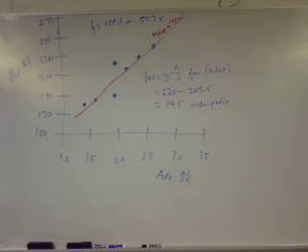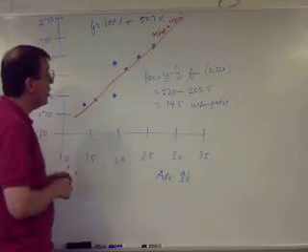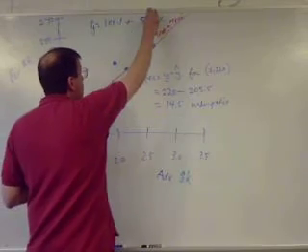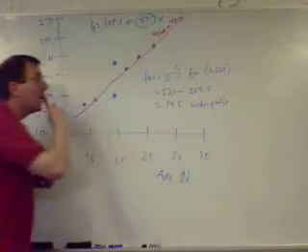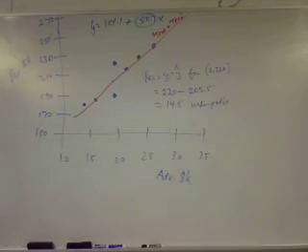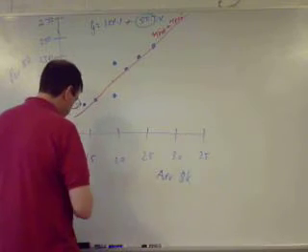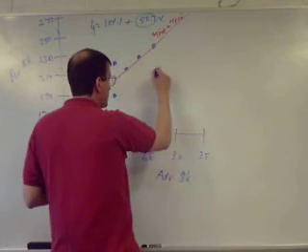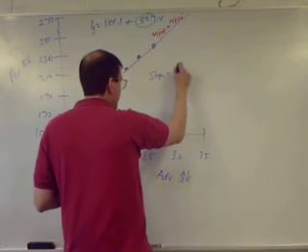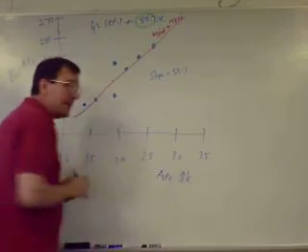Part D is, what's the slope? Well, the slope is always the number multiplied by x. So the answer to part D is, the slope is 50.7. And what does it mean?